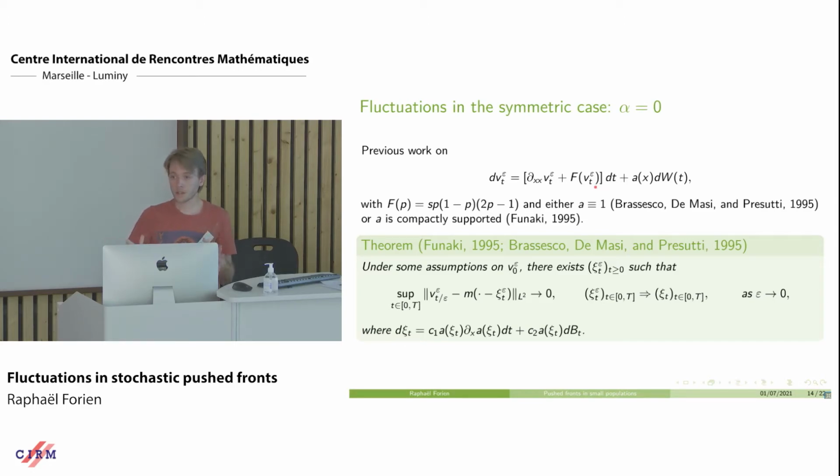So in a perfectly symmetric case where the interface is just centered around 0, with a different noise term, these two papers in 1995 independently proved that if you look at the solution to the SPDE and you speed up time by a factor of 1 over epsilon, then it looks like the deterministic profile, M, but shifted by a random amount psi epsilon. And this psi epsilon converges in distribution as epsilon goes to 0 to a process psi t that is given as the solution to this simple SDE here.